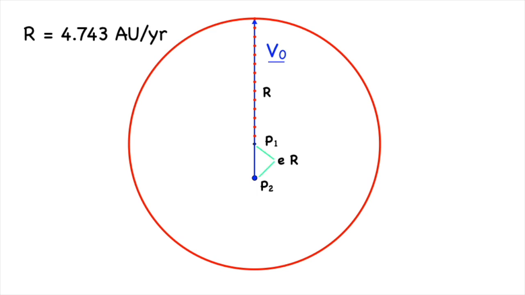Recall that the distance from P1 to P2 is E times capital R. We can draw in a radius perpendicular to V naught, connecting with the dv circle at P3, as shown here. And we know that V sub 90 must have its tail at P2 and its head at P3.